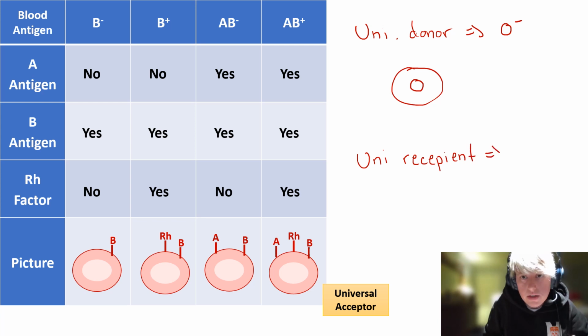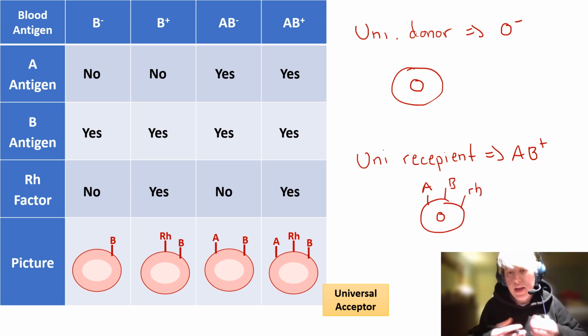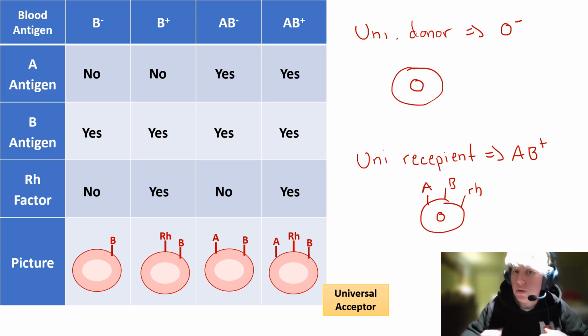And these individuals are AB positive, and they have all 3 of the blood antigens on it. And we're going to kind of see why that's important right now when we talk about blood transfusions.